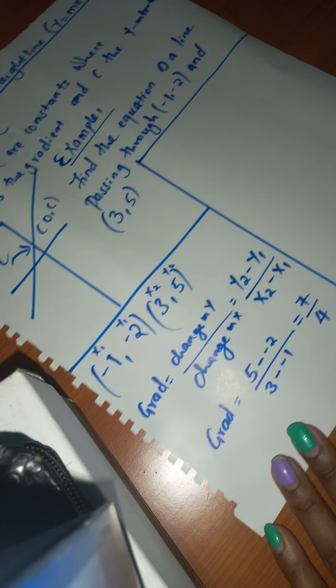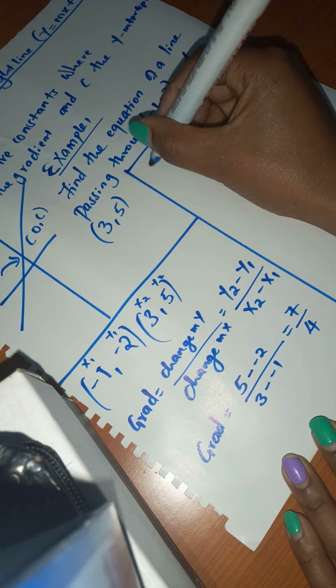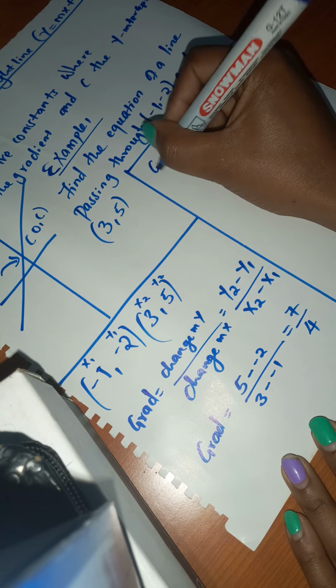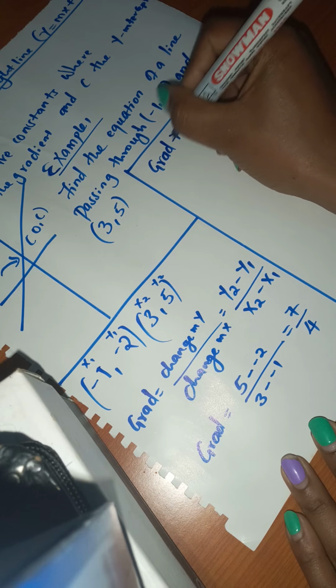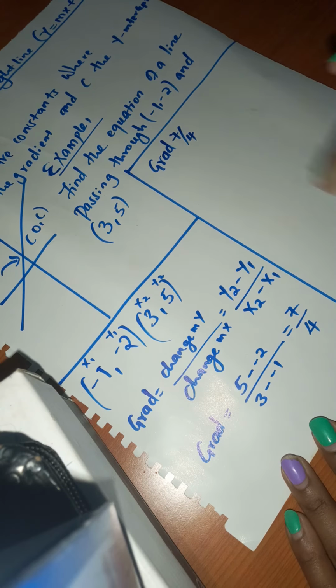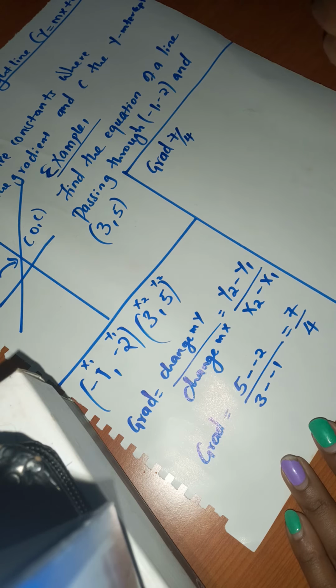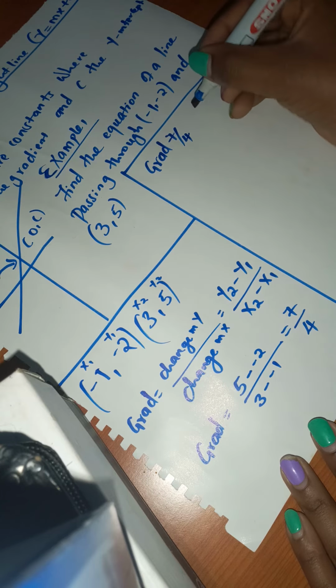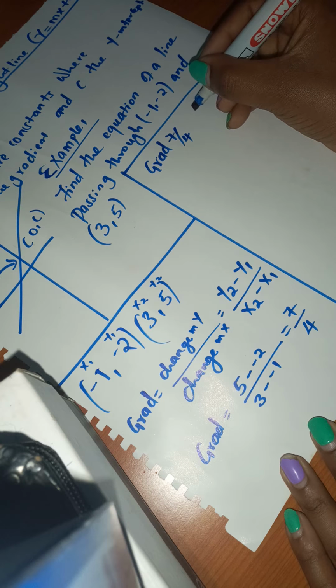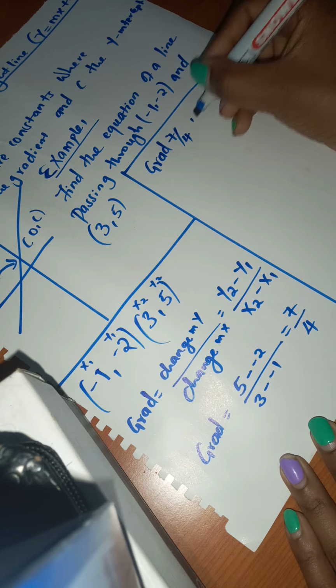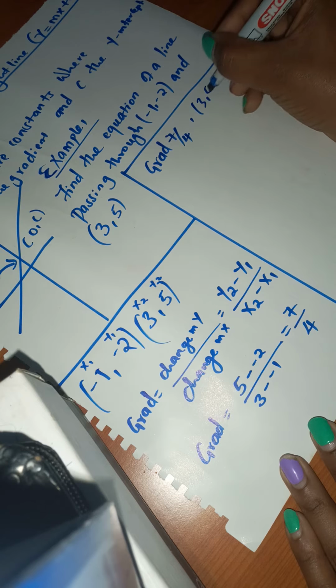So we are going to use this gradient, 7/4, on this partitioning, and with that gradient I'll pick any of my two points. I want to pick the favorable one. I always love working with the positive, so I'll take my point (3, 5).